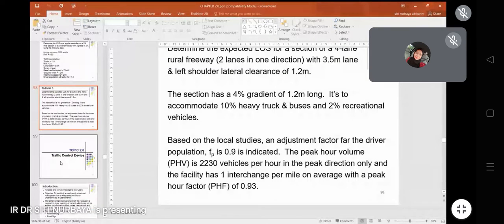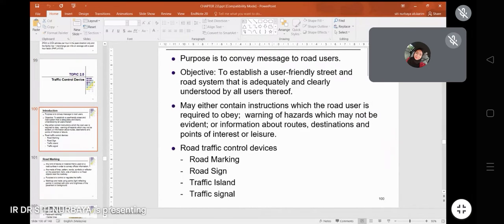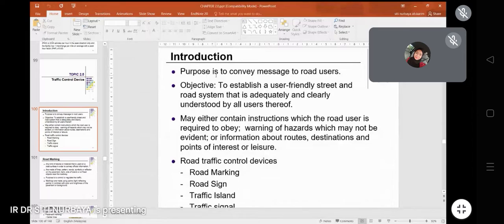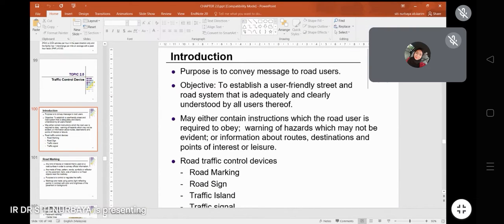So let's proceed with topic 2.5, traffic control device. Let's see some intro to the traffic control devices. Of course, the purpose is to convey message to road users, and to establish a user-friendly street and road system that is adequately and clearly understood by all users thereof.